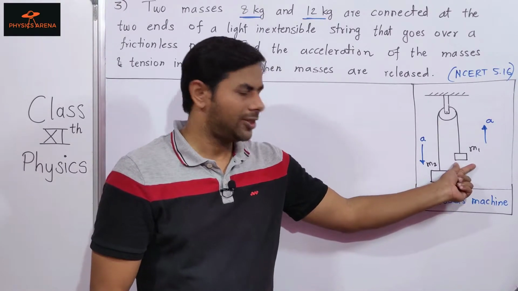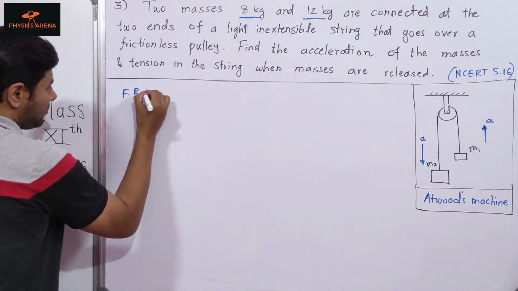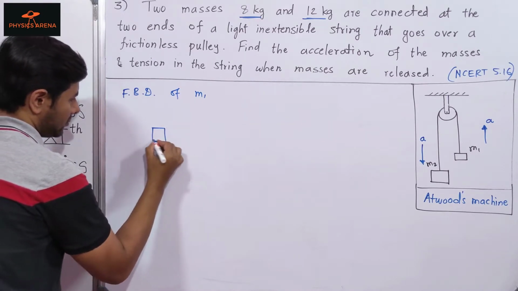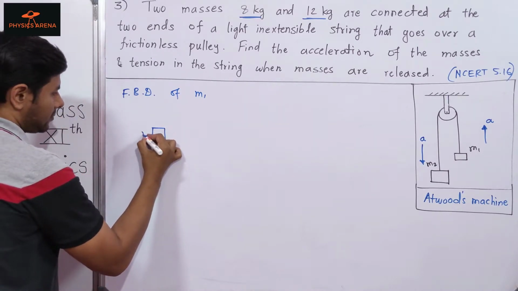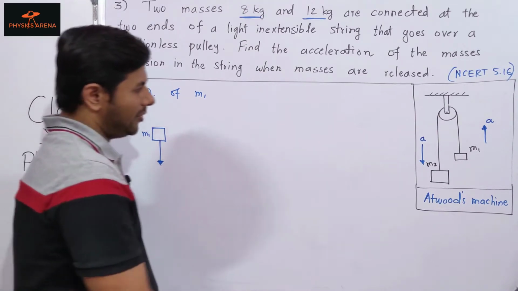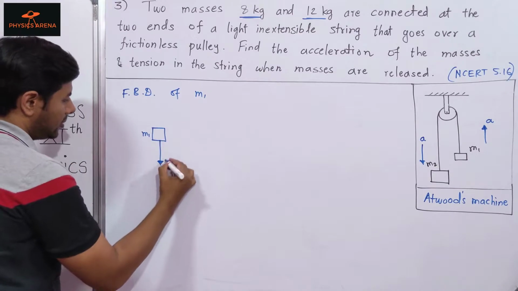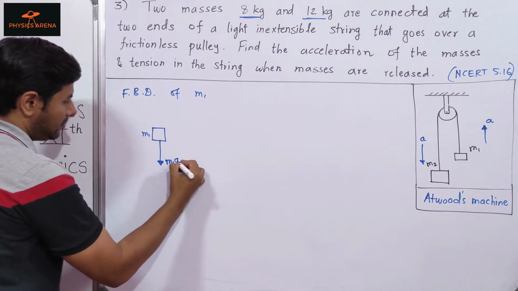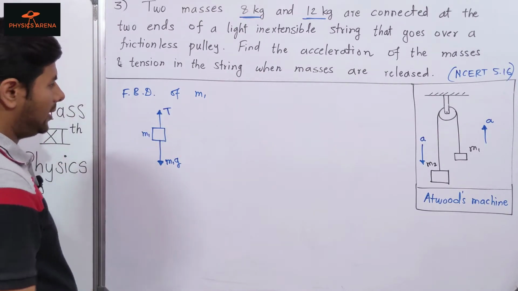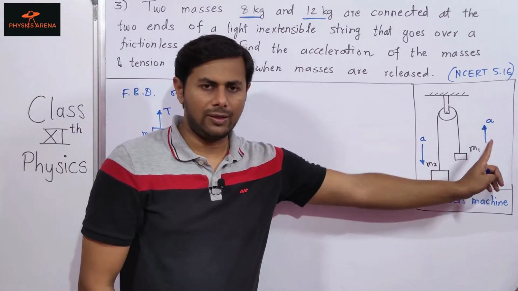So let's draw the free body diagram of m1. So this is m1. Forces acting on m1 are the weight of m1, which acts downwards, and tension in the string, which acts upwards. So it is m1 times g, the weight, and tension, let's call it T, and we have considered the direction of acceleration as upwards for m1.